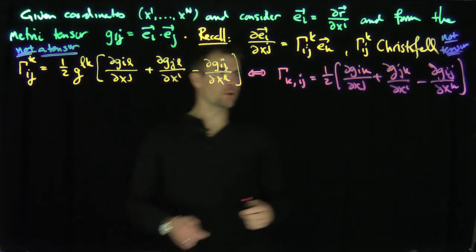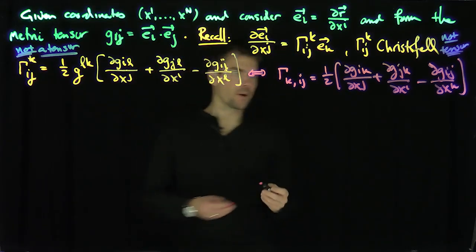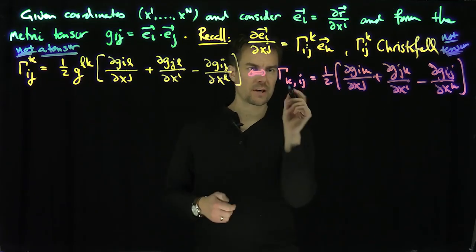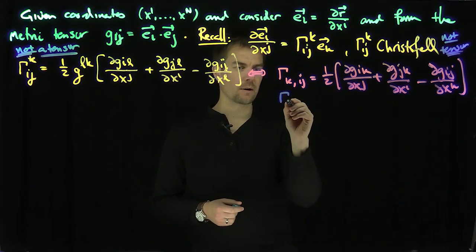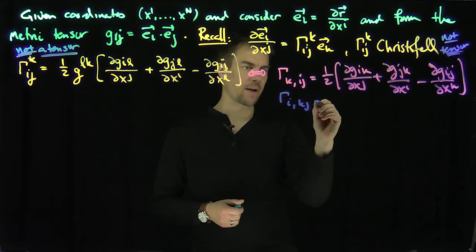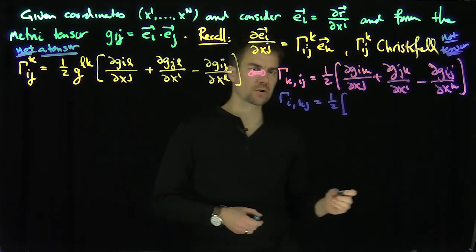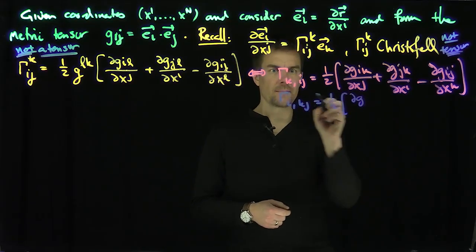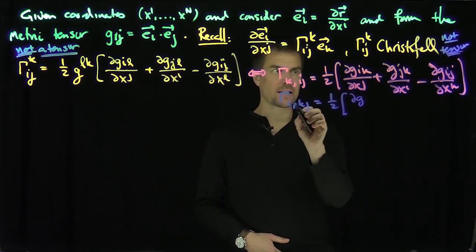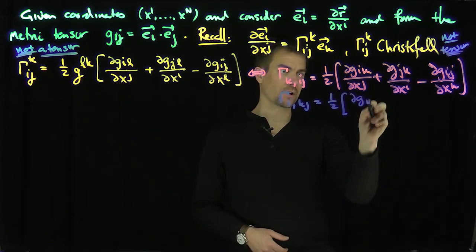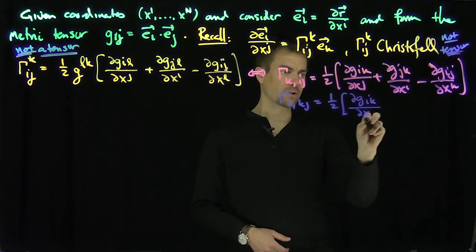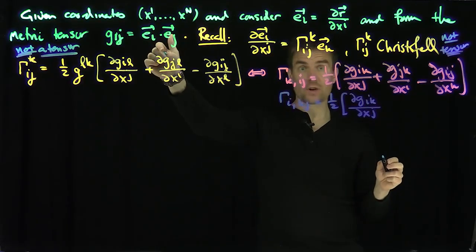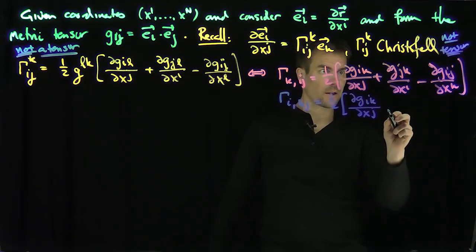And so now I want to do a symmetry trick. I'm going to take these equations and interchange the k and the i. So I'm going to look at gamma of i, comma, kj. Let's do it slowly and see what we get. Everywhere there's a k, I'm going to replace with an i. So this is going to be a partial g, and now my i is k and my k is i, so this is the same thing, just ik with respect to xj, because remember the metric is symmetric. It doesn't matter if I do i first or j first, because it's a dot product and it's symmetric.